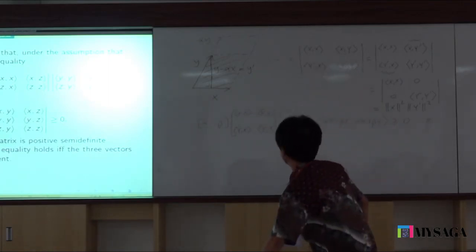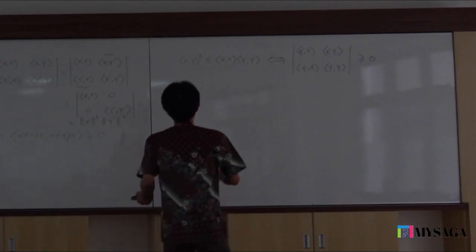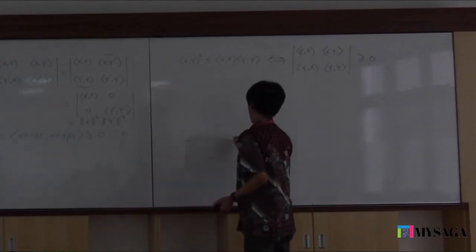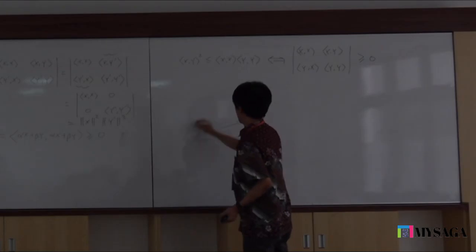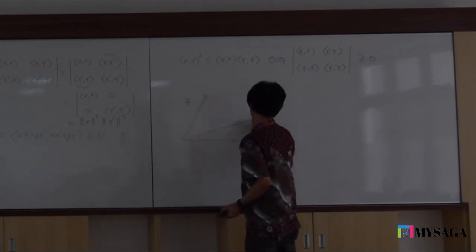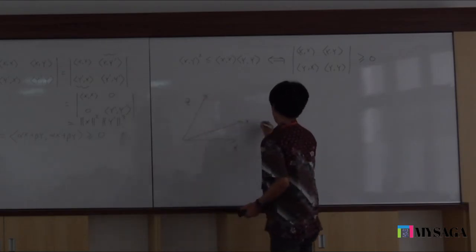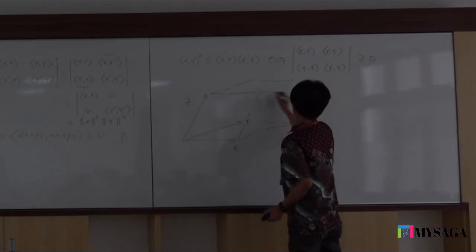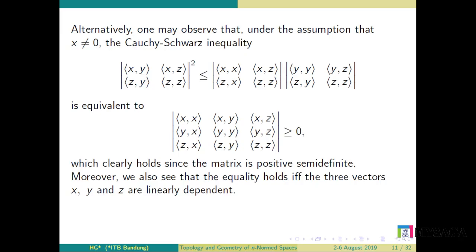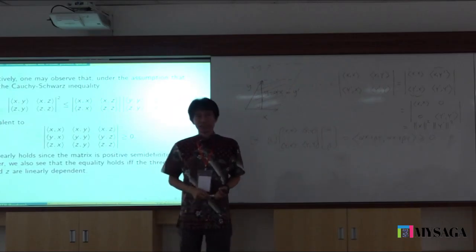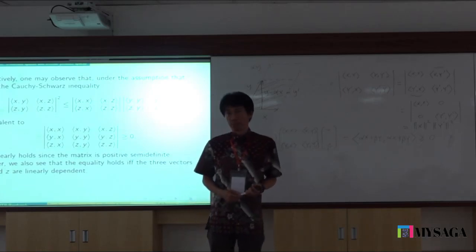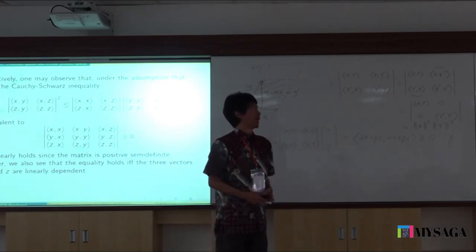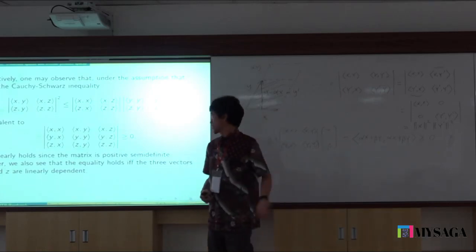Volume of the parallelepiped spanned by x, y, and z. So imagine this. The volume of a 3-dimensional parallelepiped. Okay? Of course, it's non-negative.